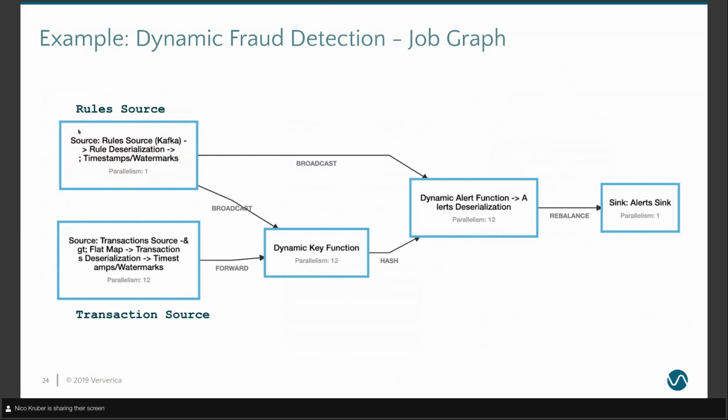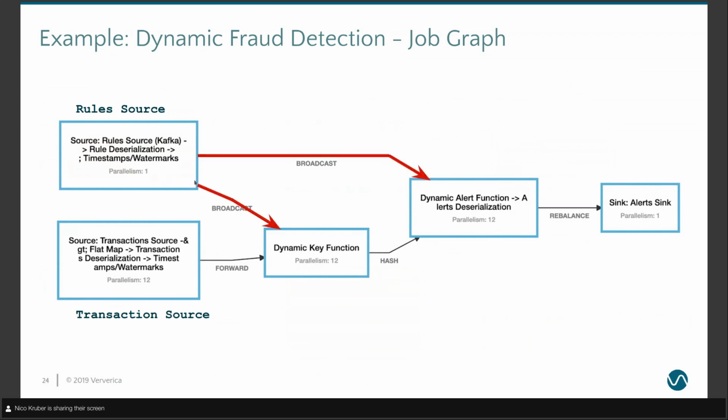On the other hand, we have a second source that is reading the rules, those dynamic rules that make up the core logic of your application. Then we have two boxes in the middle that do the processing. I'll come to that in a second. And eventually things end up in a sink that will receive all the alerts, things that you thought should trigger an alert to someone.